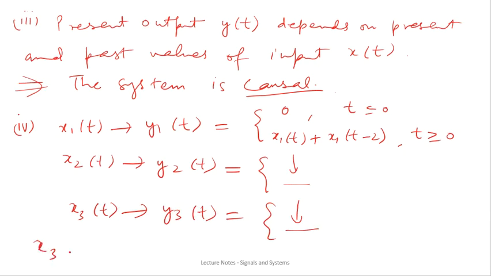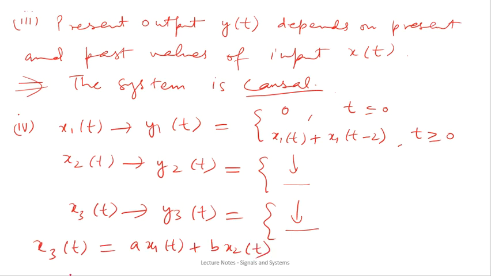Okay, and similarly as we had done in the problem related to linearity, you assume this third input to be the linear combination of first and second input.